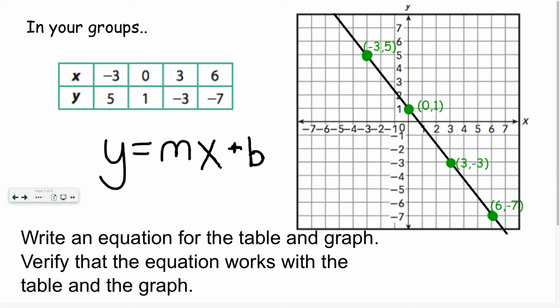After you have your equation, you're going to check that it works. Think about how you check that it works. You just did it with a different equation on the board over there.